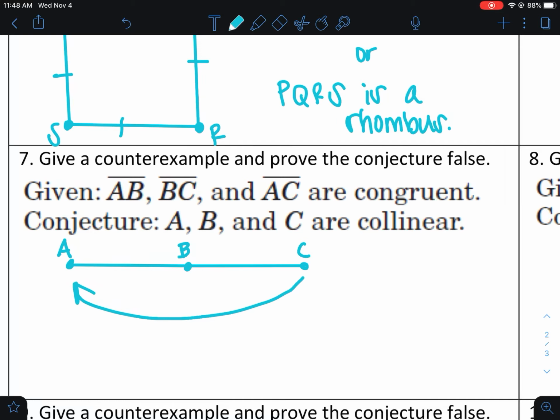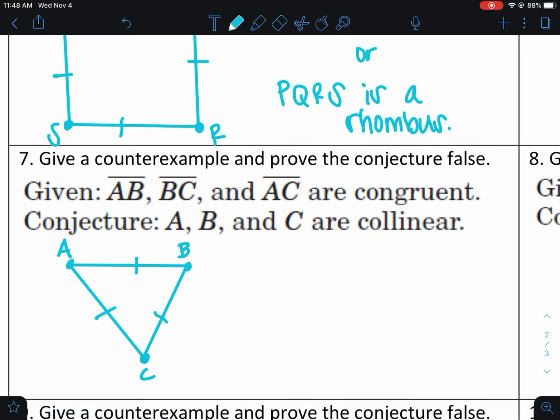So again, we have that same problem. So let's try this instead. And that way, they can connect. And they can also be congruent.